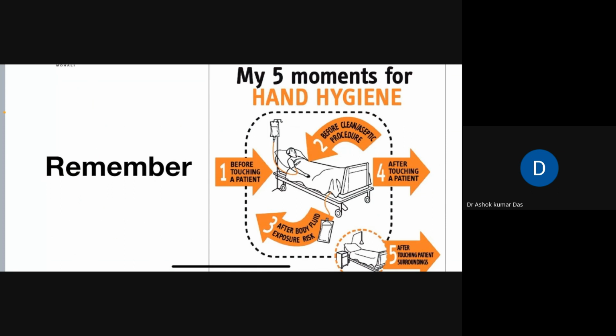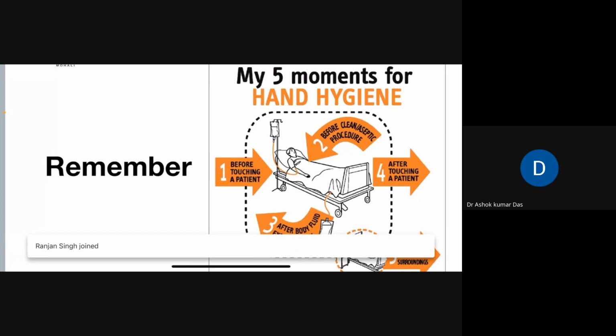What the ICN used to do is go to the ward and, anonymously, without alarming the particular person, observe whether that nursing staff has done hand hygiene wherever it is required. These types of audits are very difficult to do.